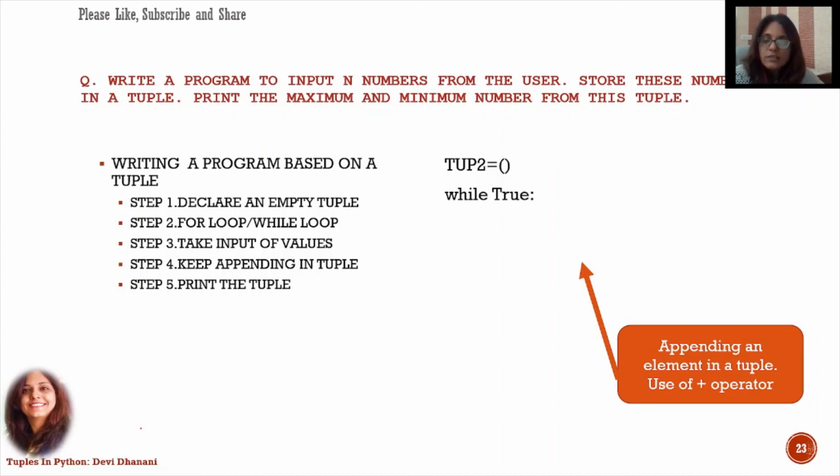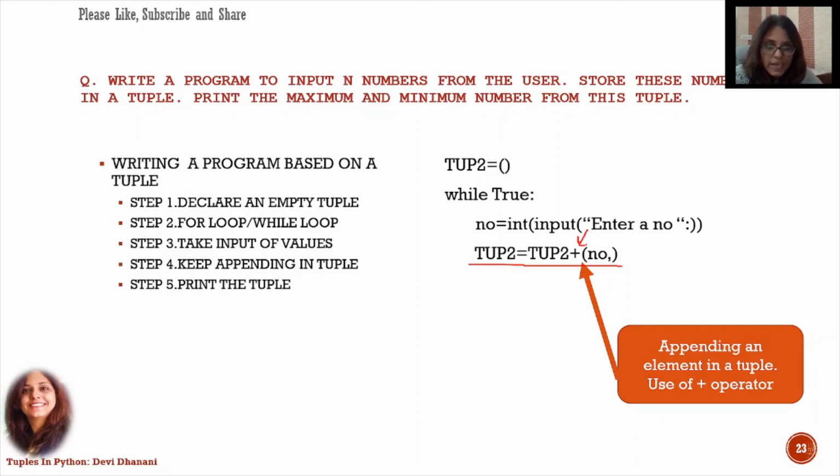So till the statement is true, we take the input of numbers from the user. Now herein please see, if I take the input of numbers from the user, how can I keep adding the values in the tuple? Tuple is basically immutable, but then we have a very important operator over here, plus, which acts as an appending function.